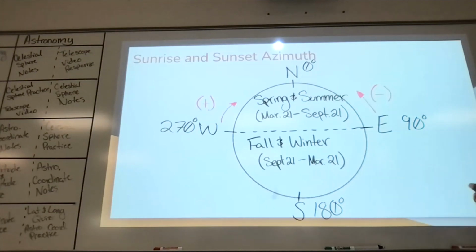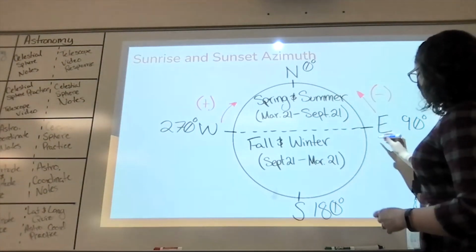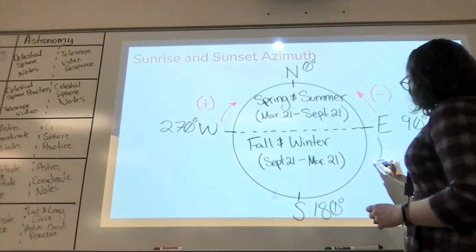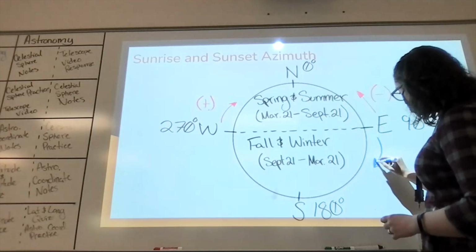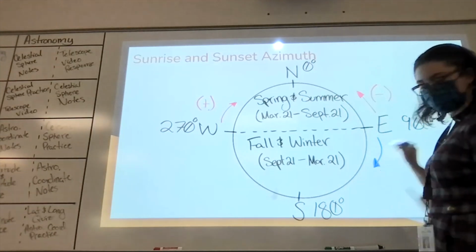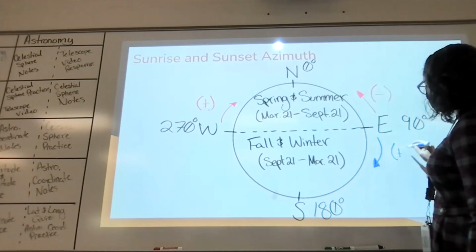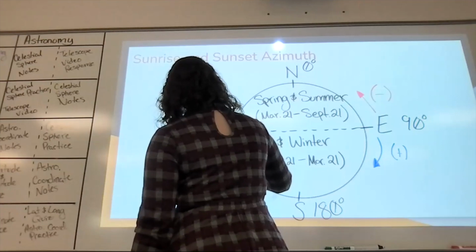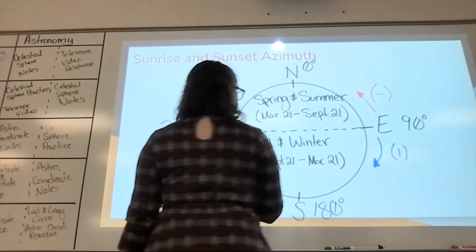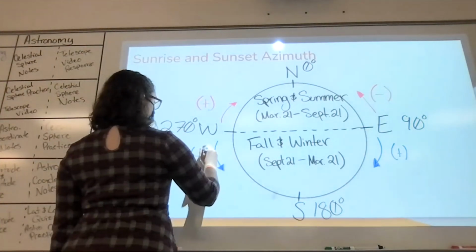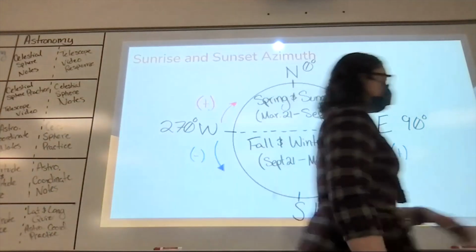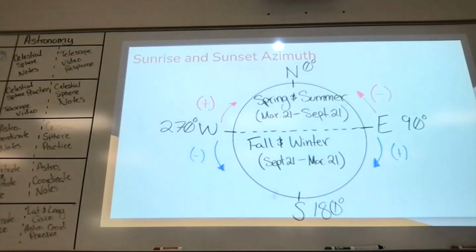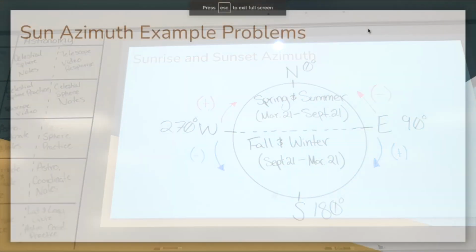And it's the opposite for fall and winter. If you want to figure out sunrise in fall and winter, you're going to add. And if you want to figure out sunset in fall and winter, we're going to subtract. And we'll let everybody finish getting that written down, and I'm going to also put it on the board over here so we can just have something that can stay up for us.